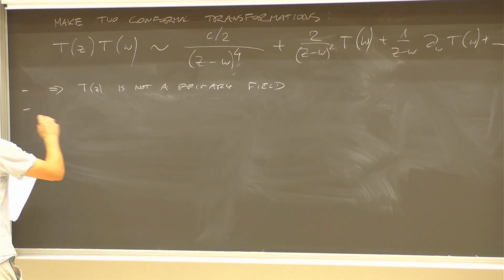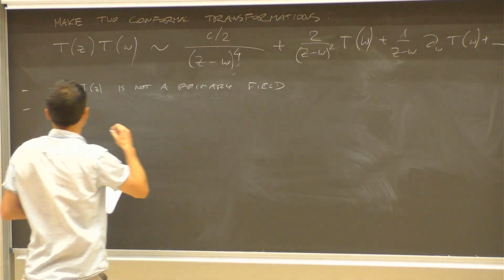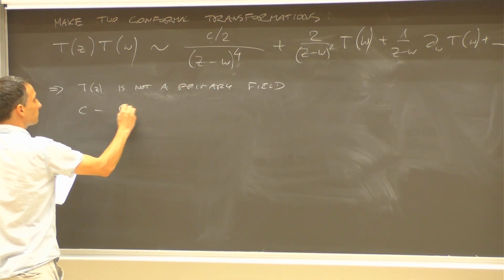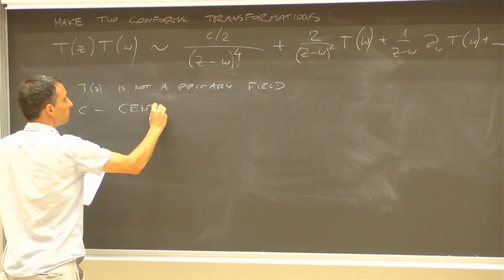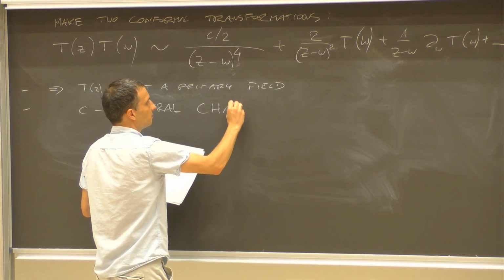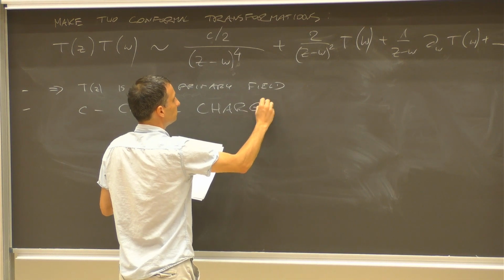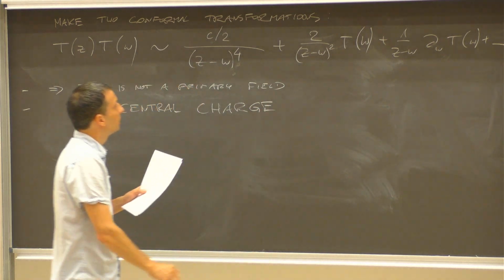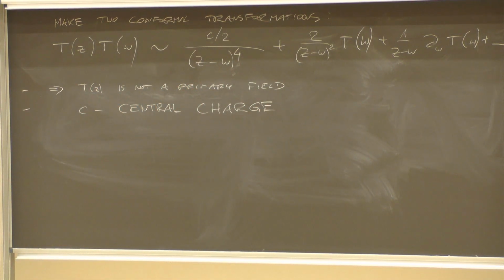Another one is that here this coefficient c appears, which is called the central charge. And this is a very important quantity which characterizes a given conformal field theory. And it will appear in various expressions also later in what I will be discussing.